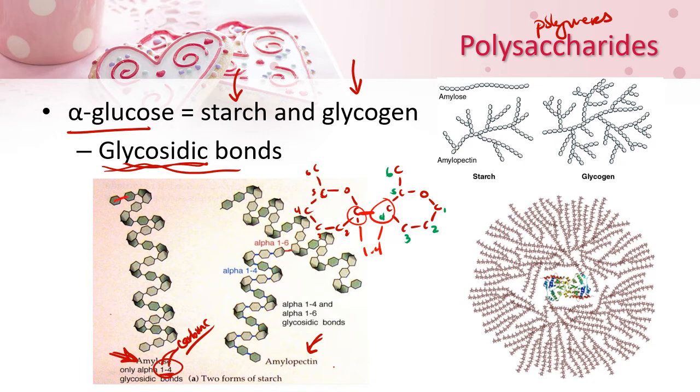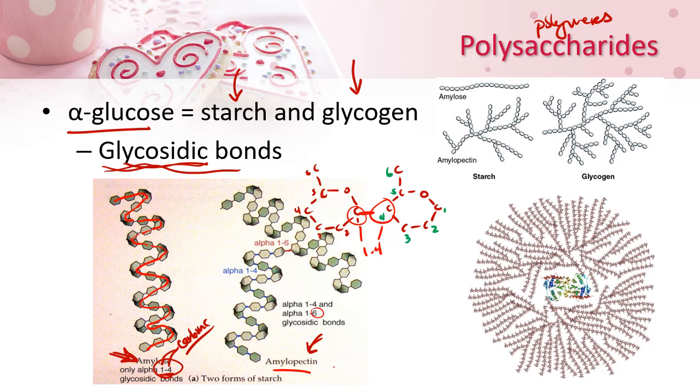And so amylose is going to form what we call a straight chain. It does do this spirally thing, but there aren't any branches on our bonds. That's different in amylopectin. In amylopectin we add another bond on another carbon. We're now going to add carbon number 6.